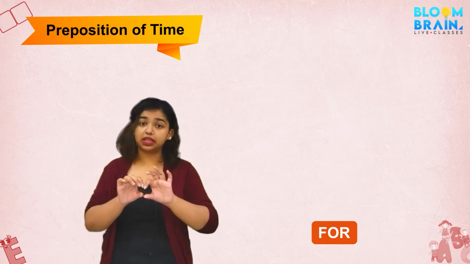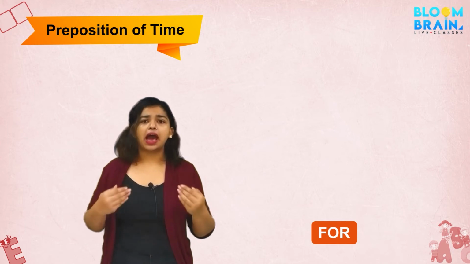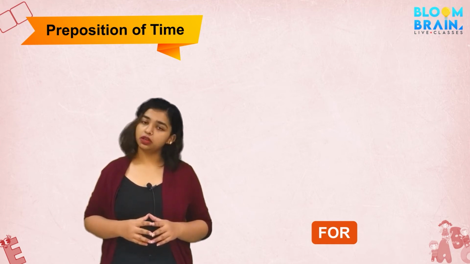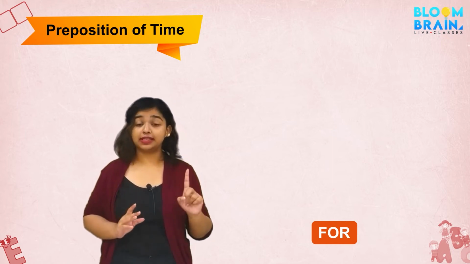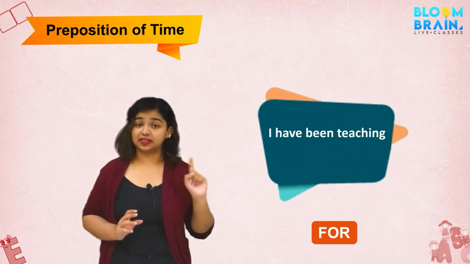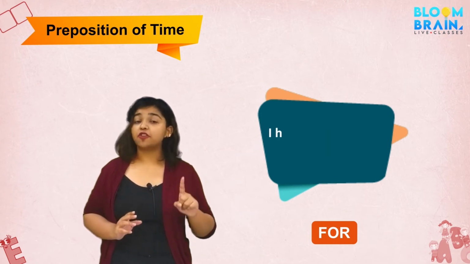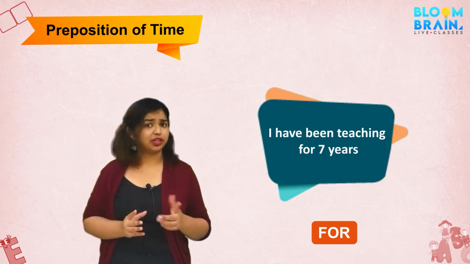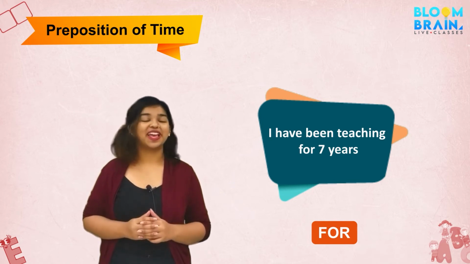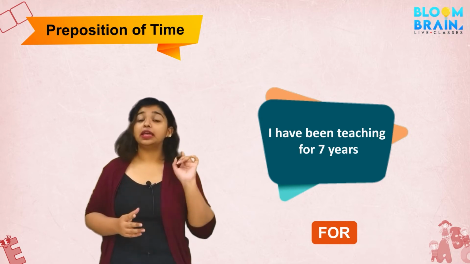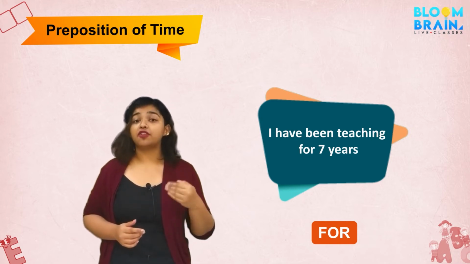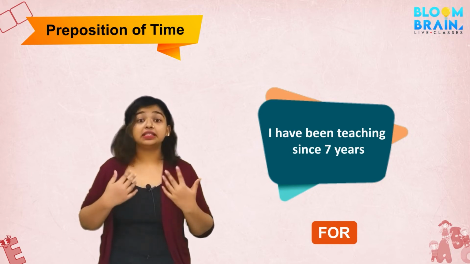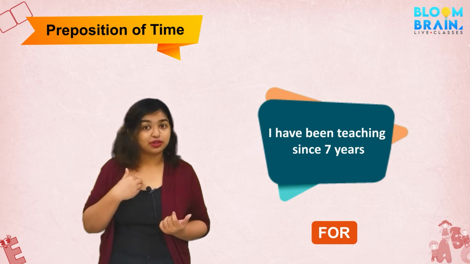Next, when we have a duration of time, a range of time has been given. I can say I have been teaching for 7 years now. Now pay attention. If I say I have been teaching since 7 years and I have been teaching for 7 years, what is the difference that you can understand? Can you tell me? Okay, I'll tell you. When I say I have been teaching since 7 years, that means I started teaching when I was 7 years old.